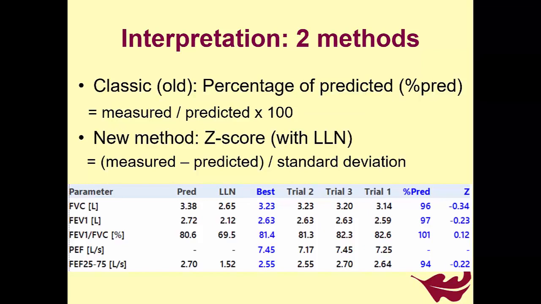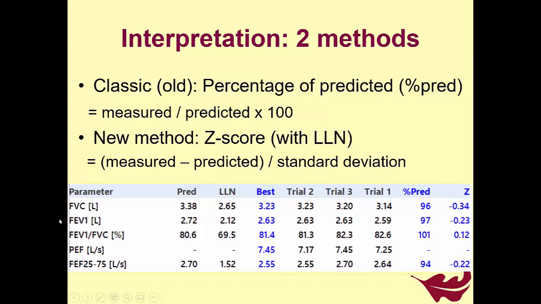So the percentage of predicted values looks at your measured value and the predicted value, which is actually the average, and then we compare you to the average value. The new method is that we look at Z-scores. The Z-score is where we detect a lower limit and an upper limit of normal. So there we look at the measured value minus the predicted value, and we divide it by the standard deviation.